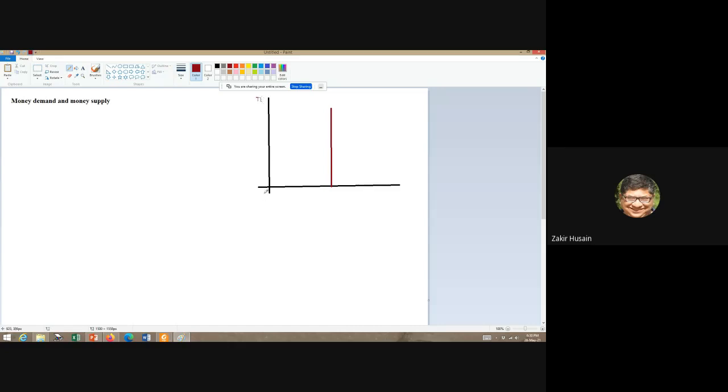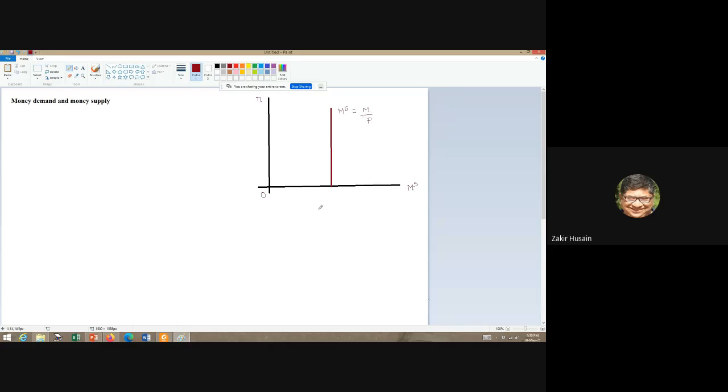This is the rate of interest, and this is money supply or money demand. This is money supply, and this is defined as M by P. M is the total supply of money, M1 you can assume, and P is the price level.